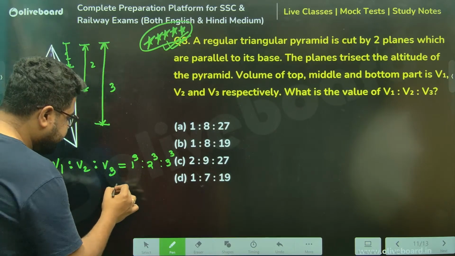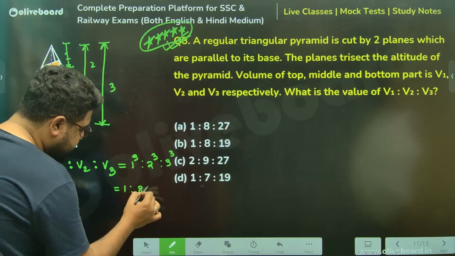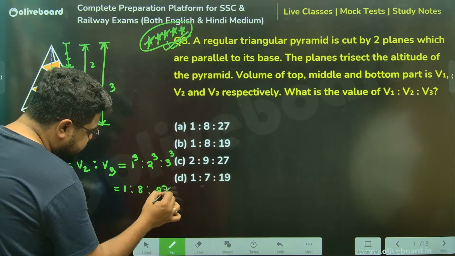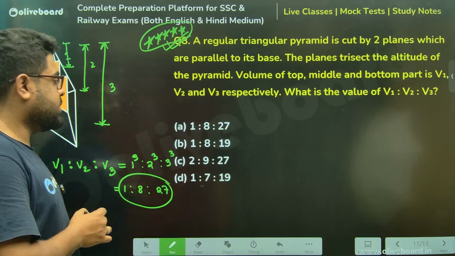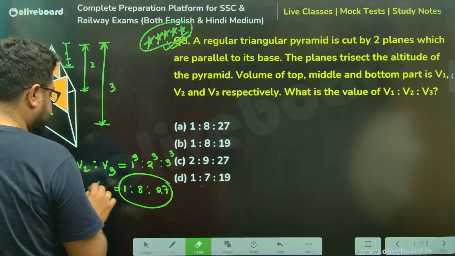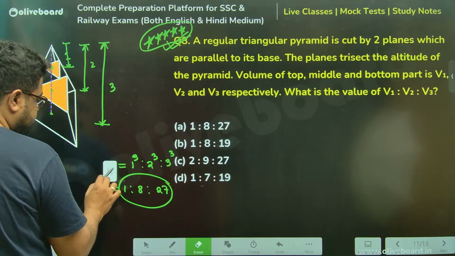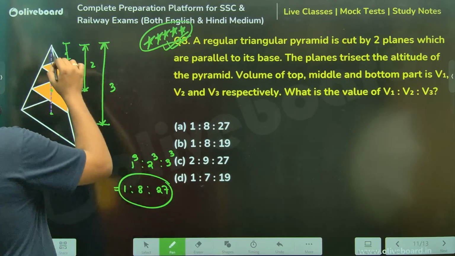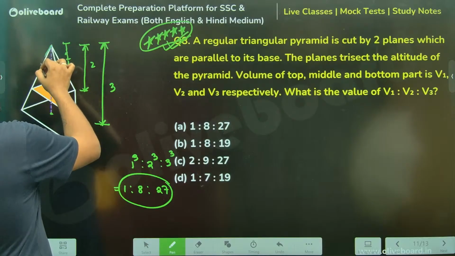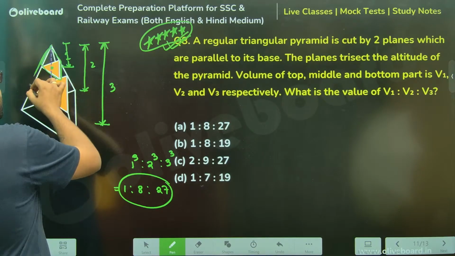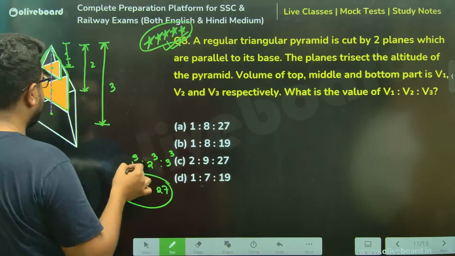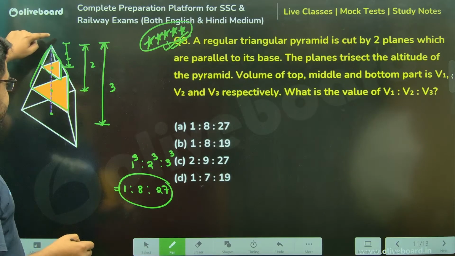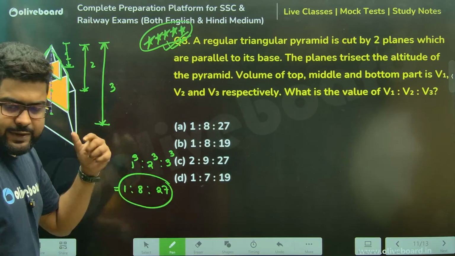So meaning these parts will be 1 is to 8 is to 27, sir. Correct? Sorry, this is not V1, V2, V3. Sorry, my mistake. These are the volumes of this part, then this whole part, and the total. So this part is 1, so this whole part is 8, and the total part is 27.